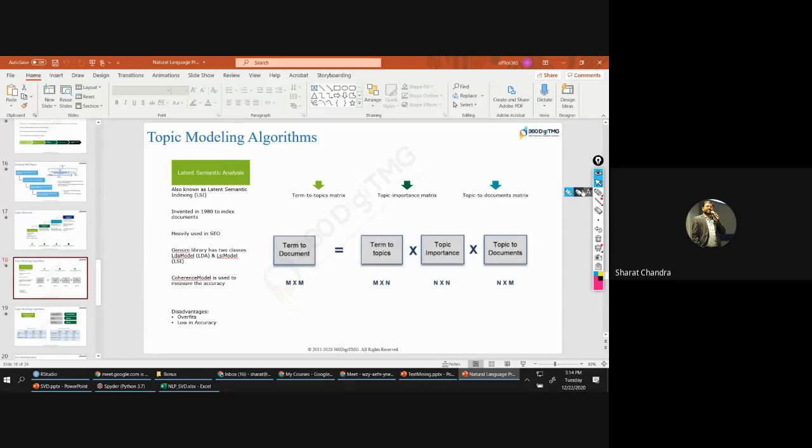So here we just discussed how we can achieve topic modeling using an algorithm called LSI or LSA, both mean the same. What we are basically trying to do is, we have a very large Word document, let's say some sentences. Out of these sentences, how can we extract a term or map a term to this document?